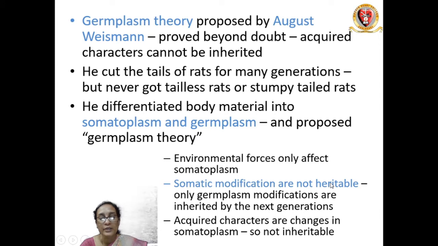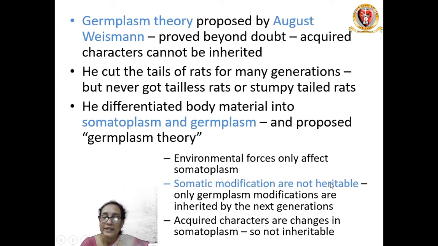According to Lamarck, the offspring should have shorter tails or no tails at all. But he never got tailless rats or stumpy-tailed rats, disproving Lamarck's theory of inheritance of acquired characters. He also differentiated body material into the somatoplasm and the germplasm.